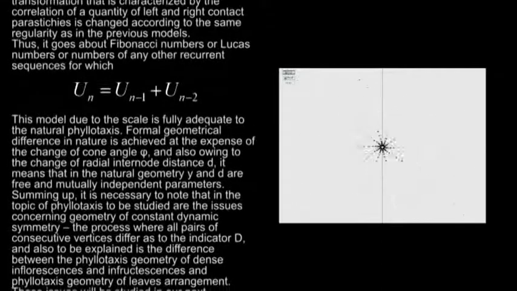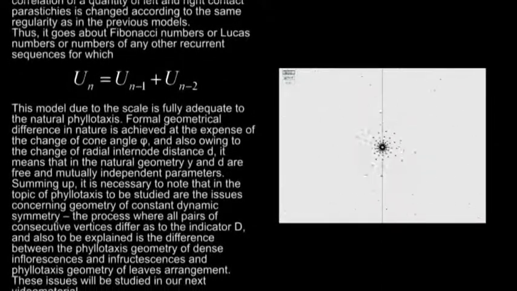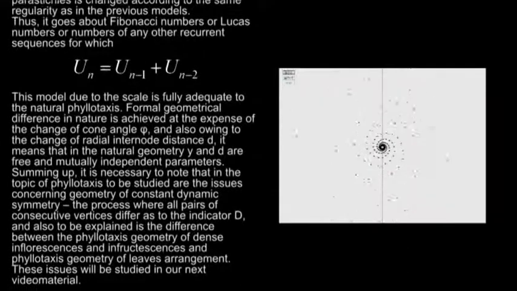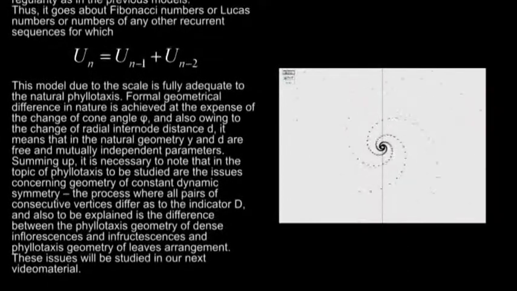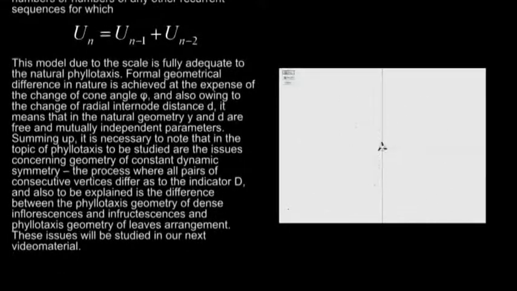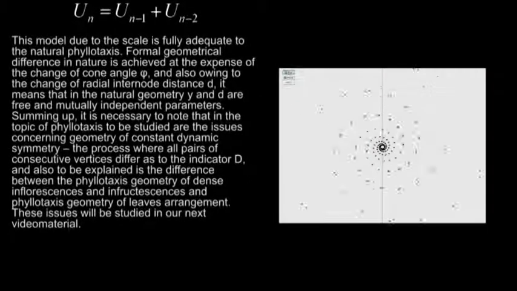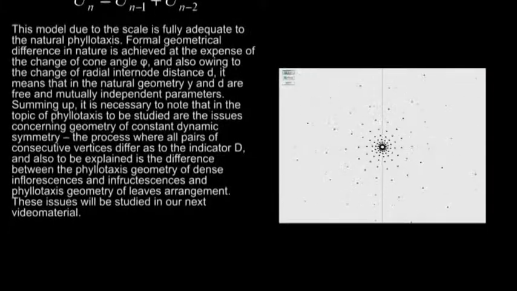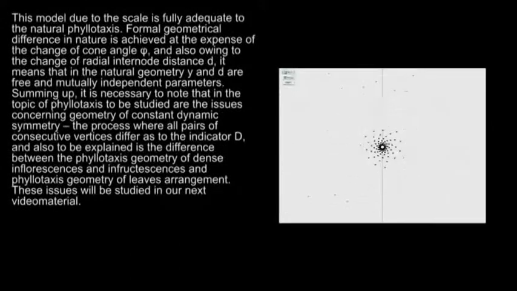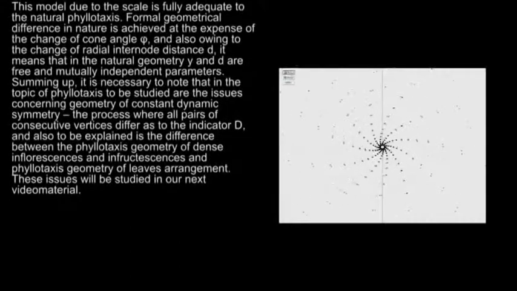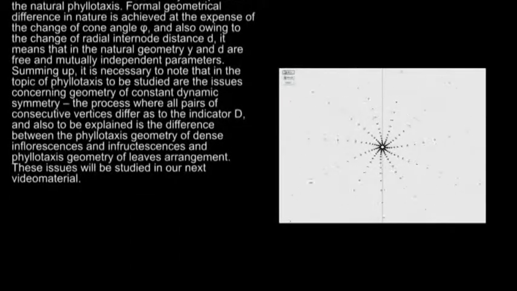This model, due to the scale, is fully adequate to natural phyllotaxis. The formal geometrical difference in nature is achieved at the expense of a change in cone angle phi and also owing to the change of radial internode distance d. It means that in the natural geometry, phi and d are free and mutually independent parameters.